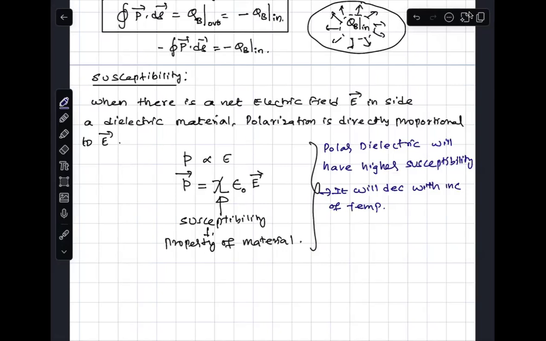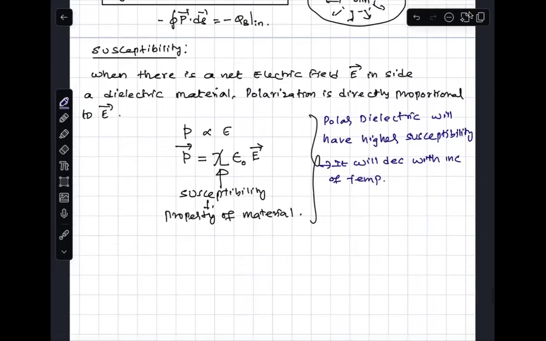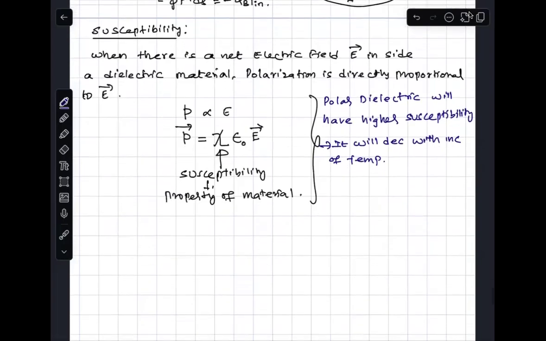Tell me, what happens? The class will be completely disturbed. Same thing is noticed here. Temperature will disorient the dipoles' orientation with the electric field. It means susceptibility will decrease with the increase of temperature.